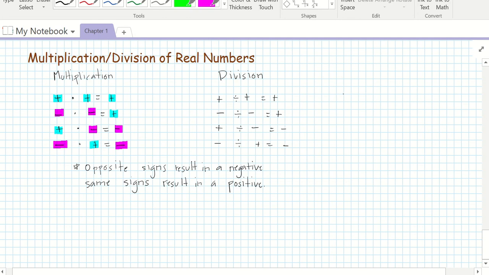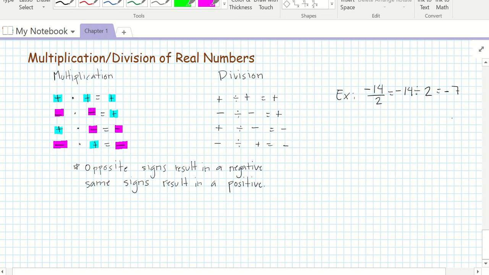Now, where I have seen people getting confused with the division is if we are working with fractions. So if in a fraction I have negative 14 over 2, remember, this is the same as negative 14 divided by positive 2, which is negative divided by positive, so it's a negative. 14 divided by 2 is 7.